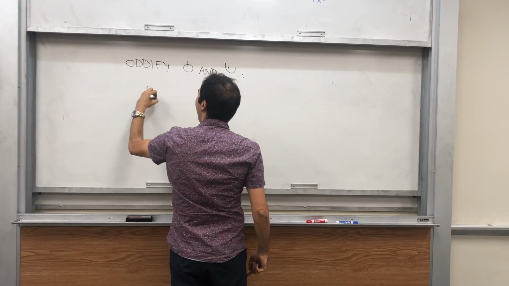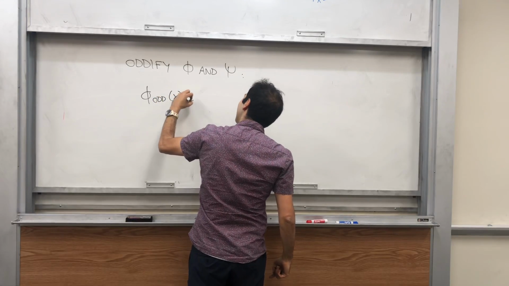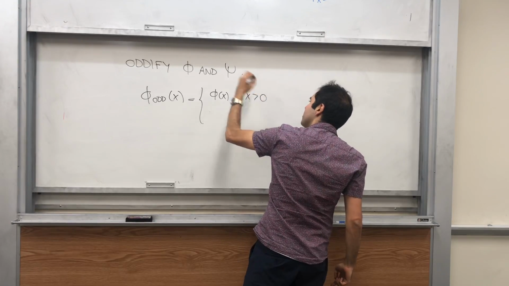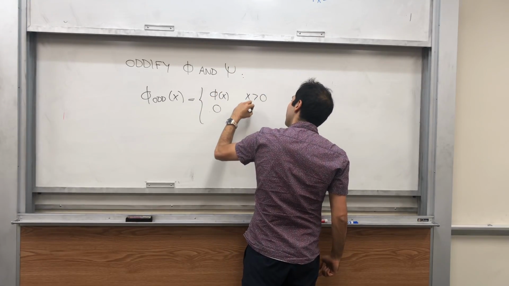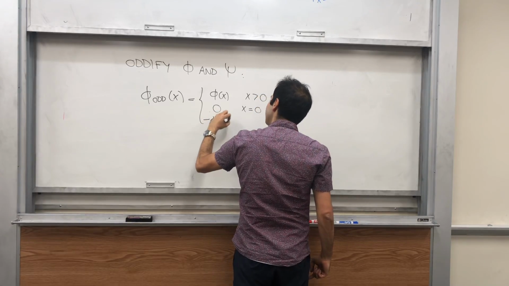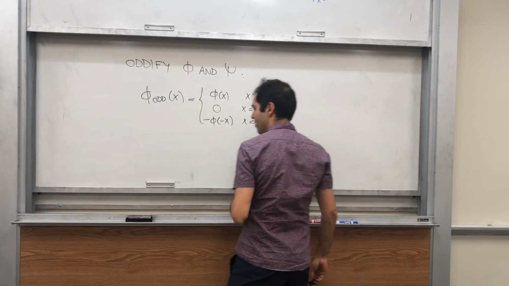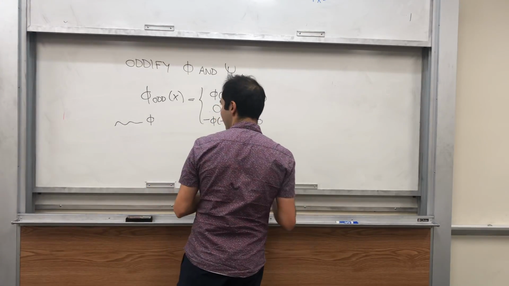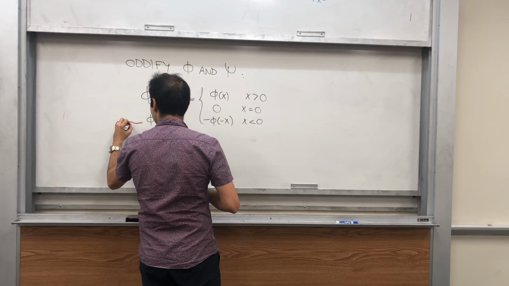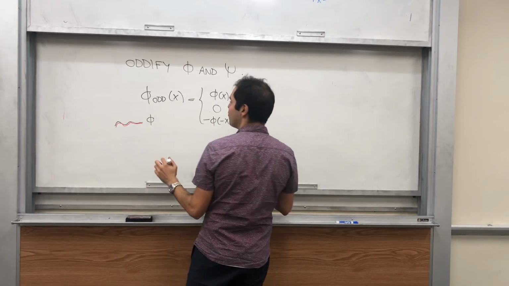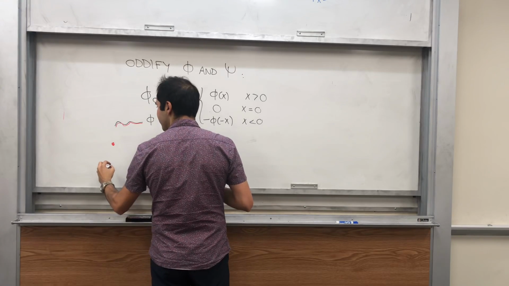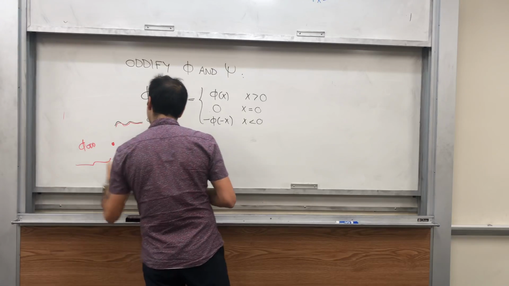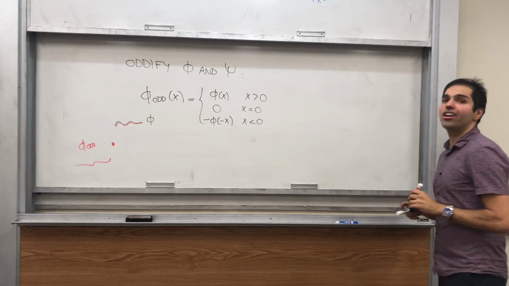First of all, let's have φ_odd. φ_odd(x) is φ(x) for x positive, 0 for x equals 0, and −φ(−x) for x negative. So that's a typical picture. This is φ, and then φ_odd is the same as φ for x positive, it's 0 at 0, and it's −φ(−x) for negative x. So φ_odd is like the odd reflection.